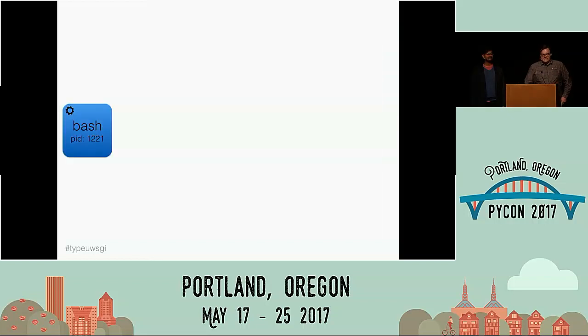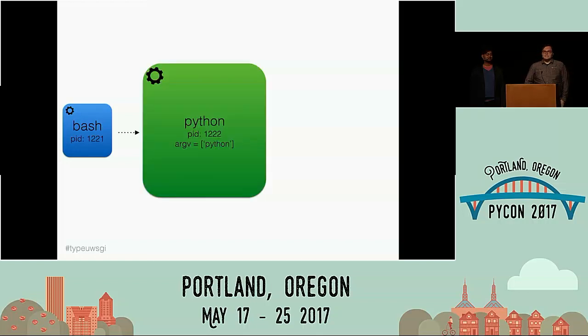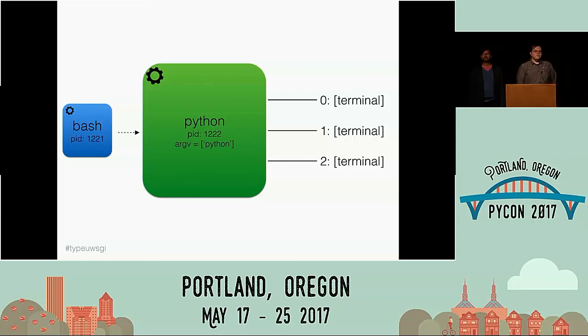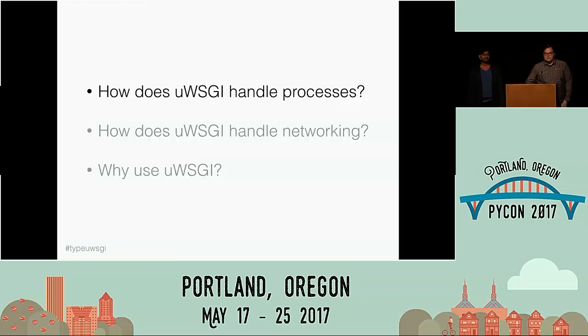And so we learned that there are these things on your operating system called processes, and that a common process that might be starting Python is a process called bash, and that the way that bash gets Python started for you is it makes a copy of itself, changes that copy to run the Python code, and then connects that to some file descriptors which you use to talk to Python and which Python uses to talk to you and the operating system. And so this is the model that we're going to be using to talk about how uWSGI operates with the operating system and connects to the world at large. And with that, I'm going to pass it to Asheesh to talk about processes.